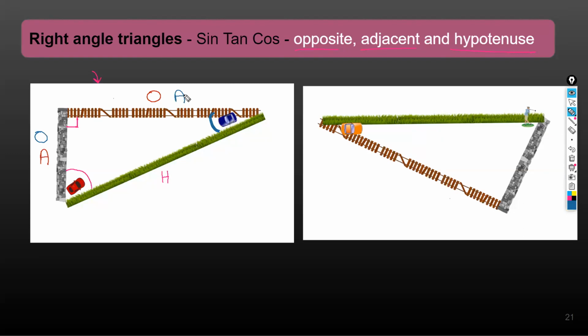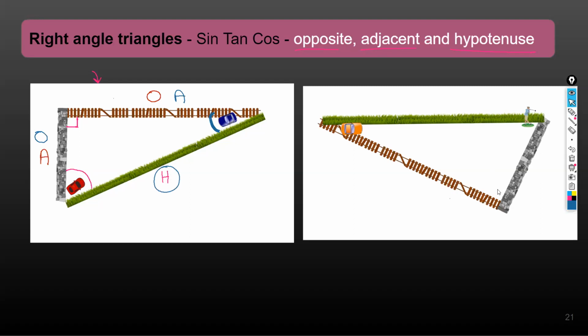And this is what a lot of people fail to retain when they do sine, tan, and cosine. They fail to remember that opposite and adjacent could switch, all depending on where you are standing in the triangle. Only the hypotenuse remains the same.